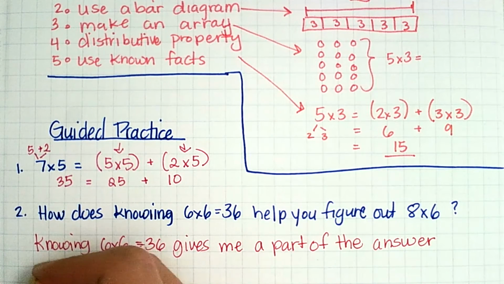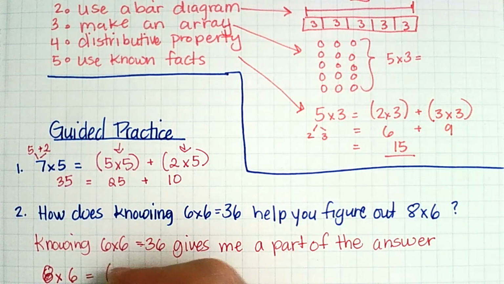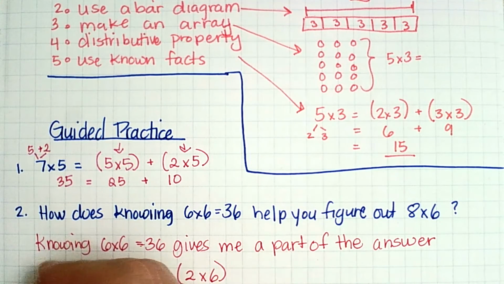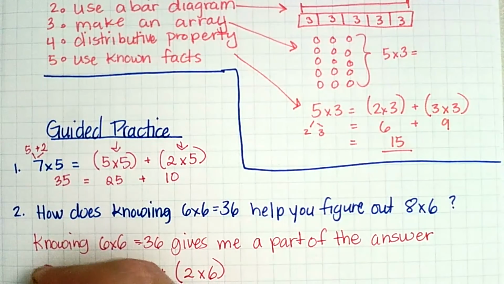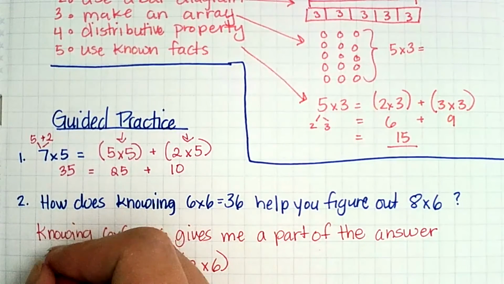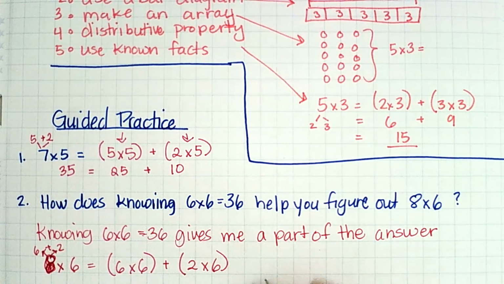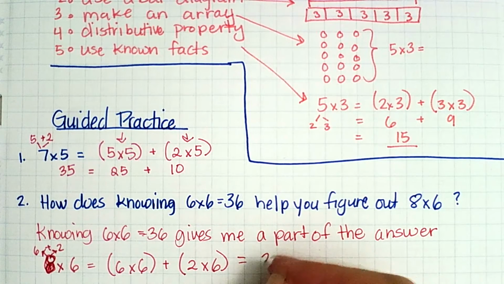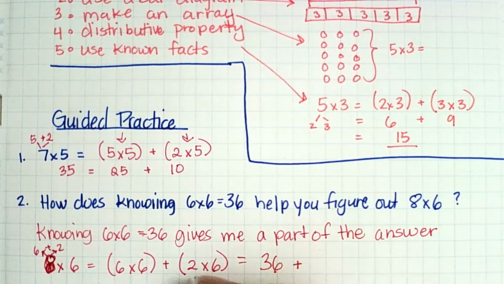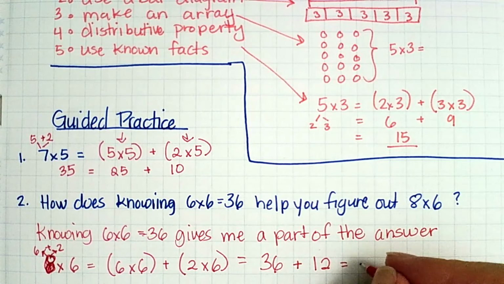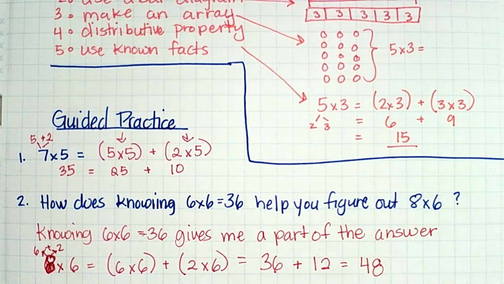So 8 times 6 is the same thing as saying 6 times 6 plus 2 times 6, because 8 is made up of 6 plus 2 more. So I know 6 times 6 is 36, plus 2 times 6 is 12. So 8 times 6 is going to give me 48.